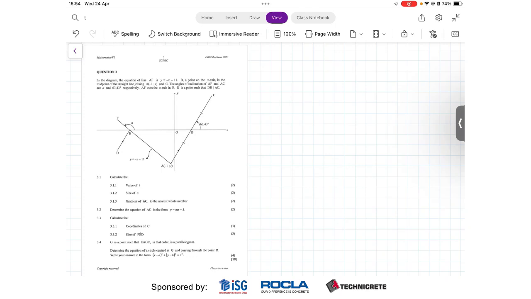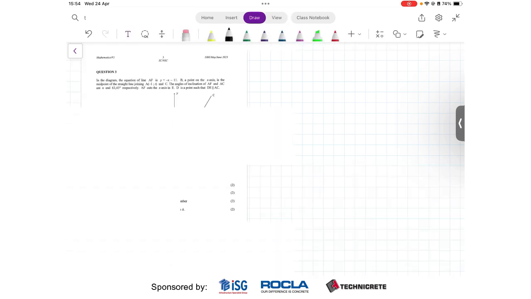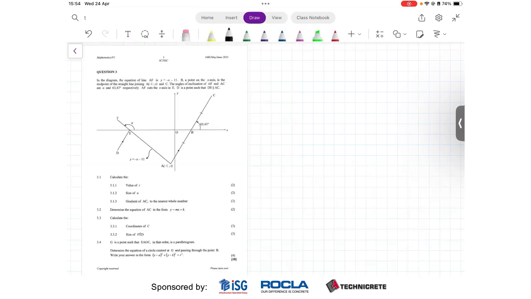Today we are going through the June 2023 Mathematics Paper 2 exam, starting from question 3. Alright, now we are told that in the diagram the equation of line AF is y equals minus x minus 11.